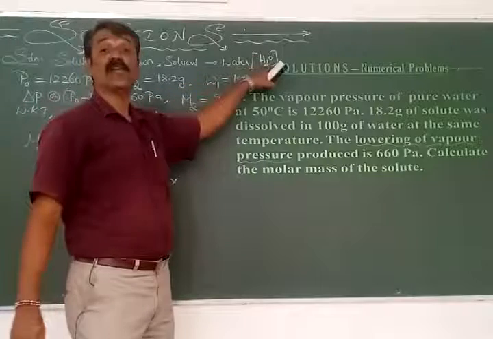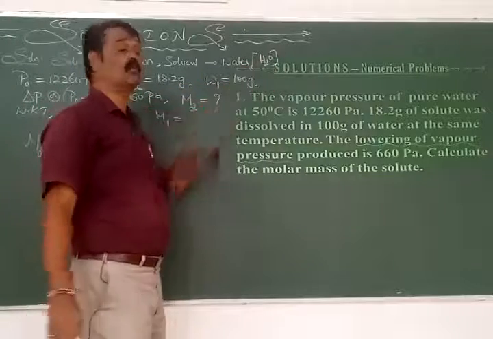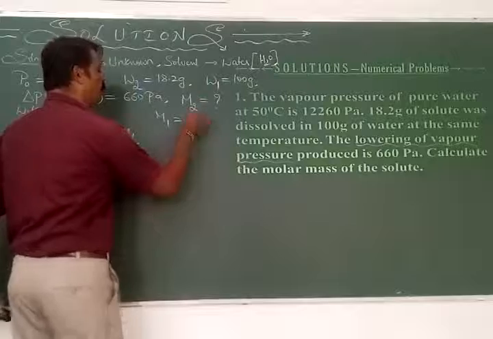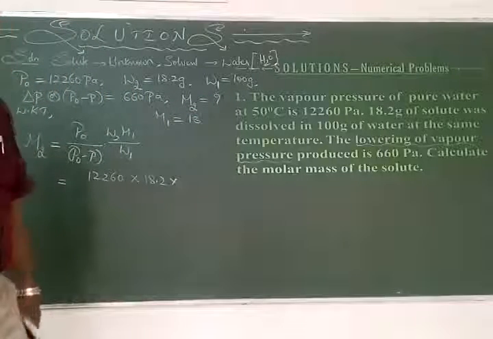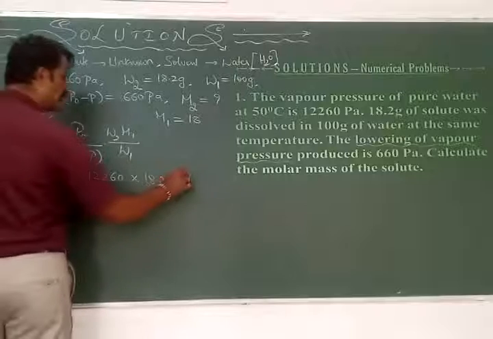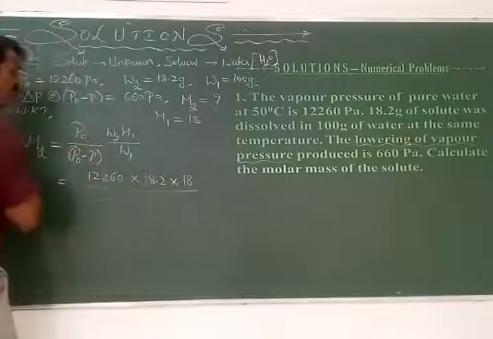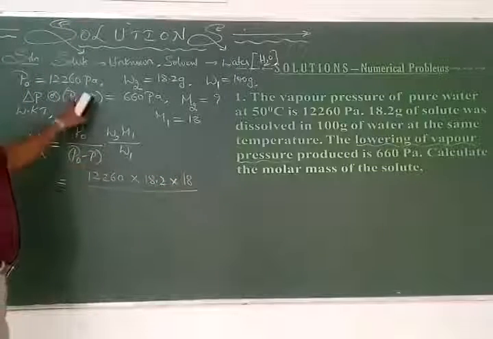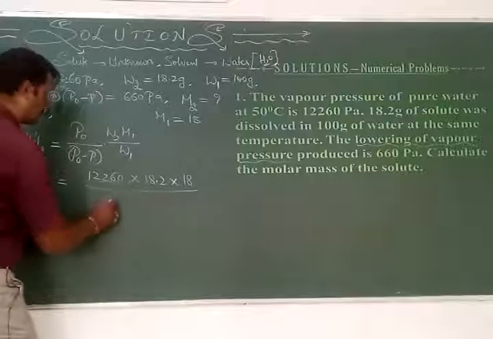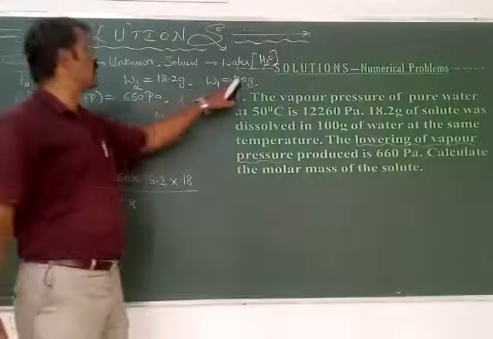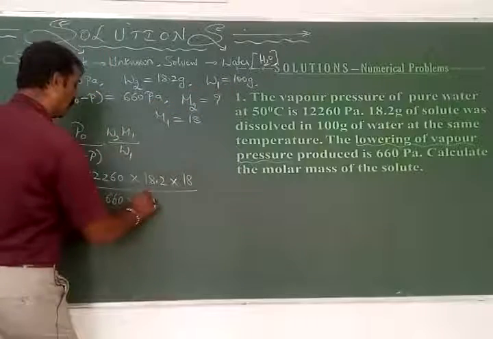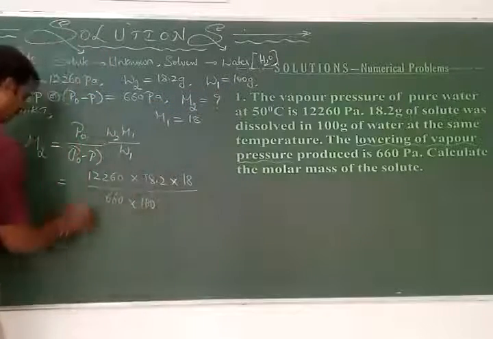H is 1, two H's are 2, plus oxygen is 16. 16 plus 2 is equal to 18. 18 is the molar mass or molecular mass of the solvent, water. Therefore, M1 is 18, divided by P naught minus P, which is already given as 660, into W1. W1 is the mass of the solvent, water, that is equal to 100 grams.